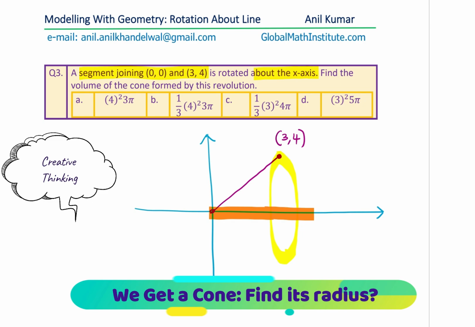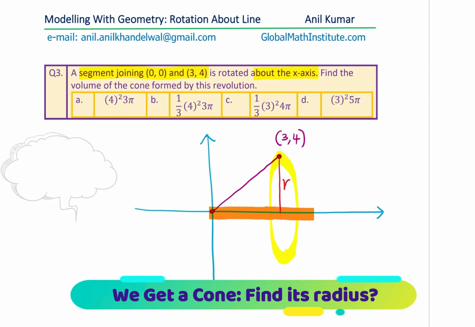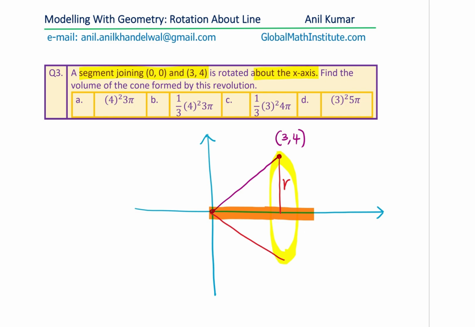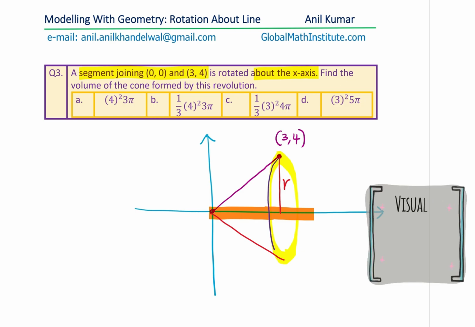And in this particular case, the height of the cone becomes the radius of the cone. You see that? So let me complete this diagram here. And so we get a visual of what is going to be formed, right? So I'm just connecting, and the idea here is to visualize.